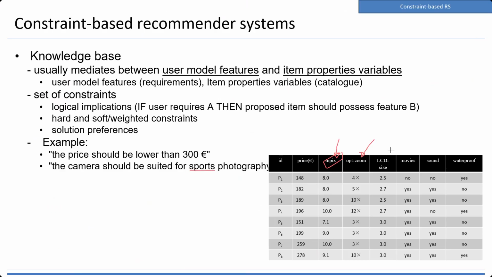And sports require a good LCD size, and maybe we also need movie. About the sound, maybe it is not necessary. Waterproof, sometimes it may be good, but maybe it is also not necessary. So it's very diverse for this requirement.